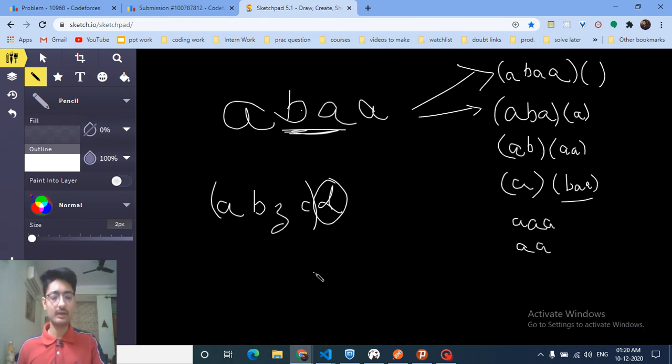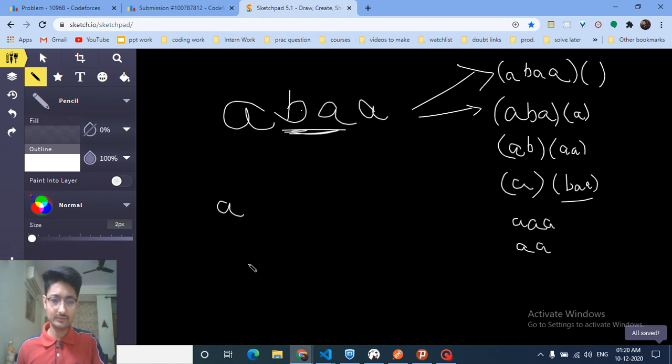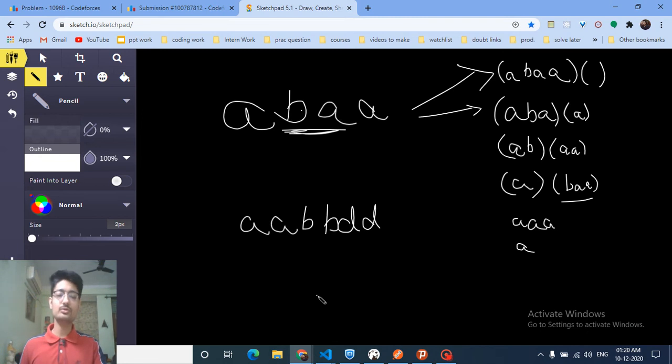And if you extend this logic, you can see that if it is AA, BB, DD, then you can either take like this, or like this, which means that if you remove this only AA is left, or if you remove this, then only A is left.